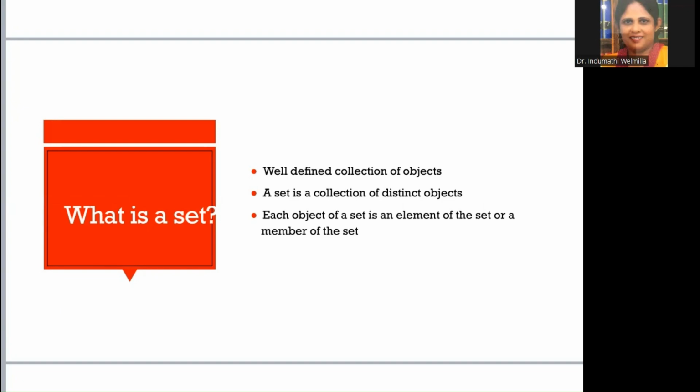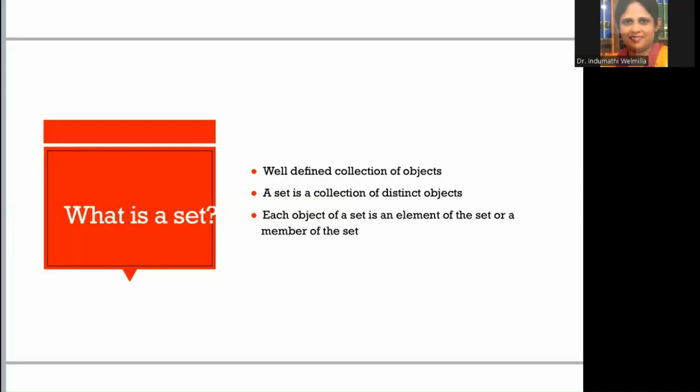Very simply, a set in mathematics is a collection of objects from a group. A set can have any group of items, such as a collection of numbers, days of the week, types of vehicles, and so on. Every item in the set is called an element of the set.